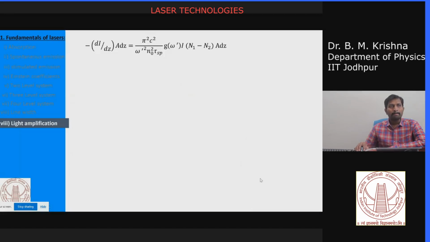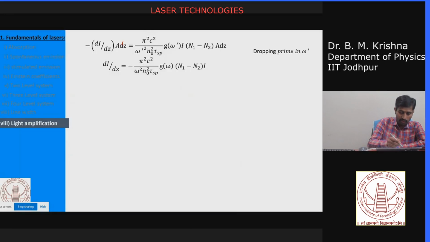Okay, from this I am dropping down the omega prime, for simplicity, so we know this is for a monochromatic frequency. So your dA by dz equals minus A of dz, and A of dz gets cancelled.